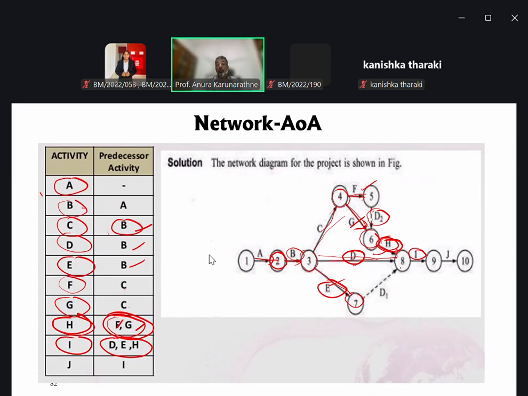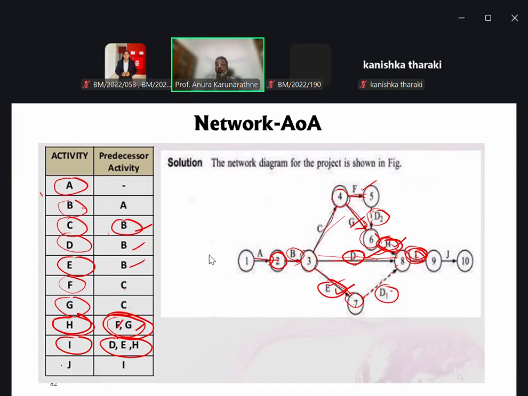So in order to align into the same direction, we have to use a dummy activity again, right? By joining this one, now we can see I after completing H, D, and also E, right? Then we can say I after completing H, D, and E.